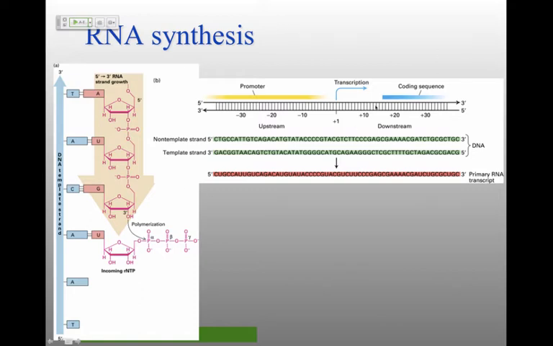One of the really big differences between RNA synthesis and DNA synthesis is RNA synthesis can start pretty much anywhere, as opposed to replication, which has very defined places where it starts. So where transcription starts is dependent on a lot of other factors, and particularly the DNA sequences which are right around where you're going to make this copy.